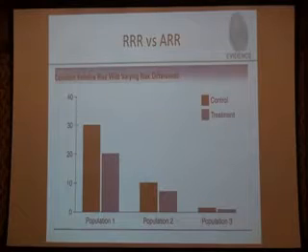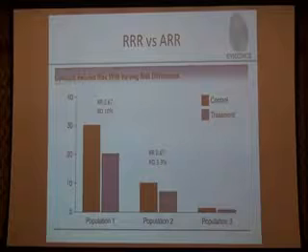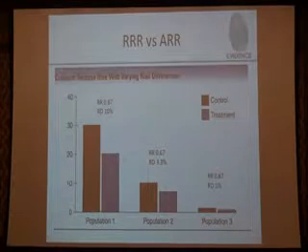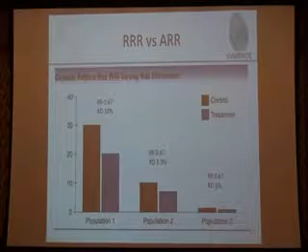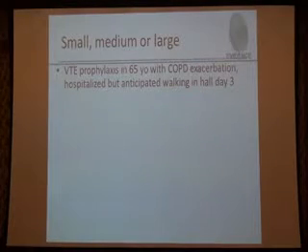So what is different is the baseline risk, which lets you calculate the number needed to treat or the absolute risk reduction. If we assume that the risk reduction is 0.67, the risk difference will be 10, 3, 1. So we need absolute numbers to make decisions.